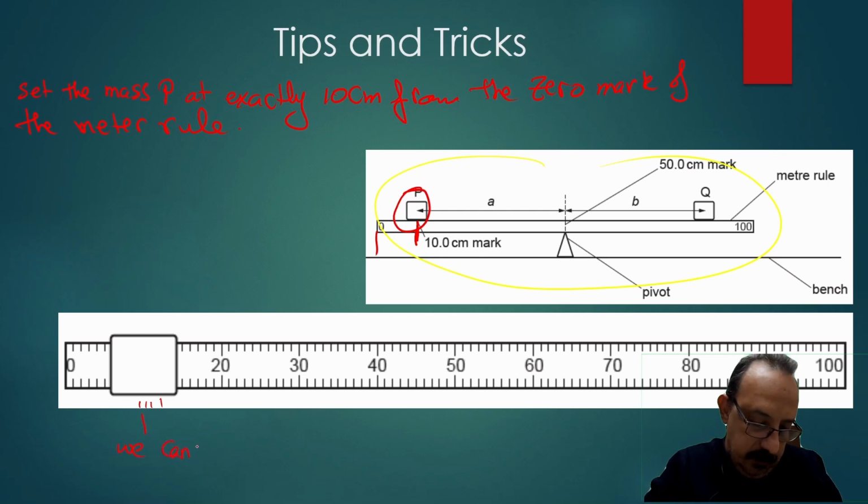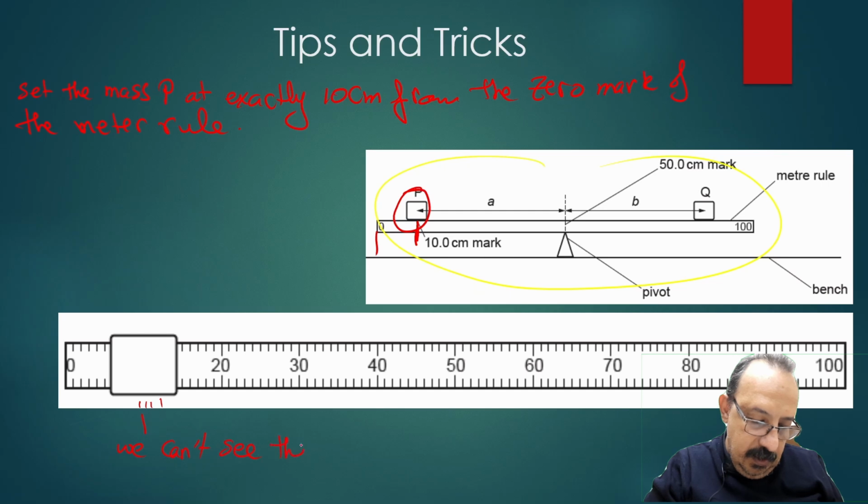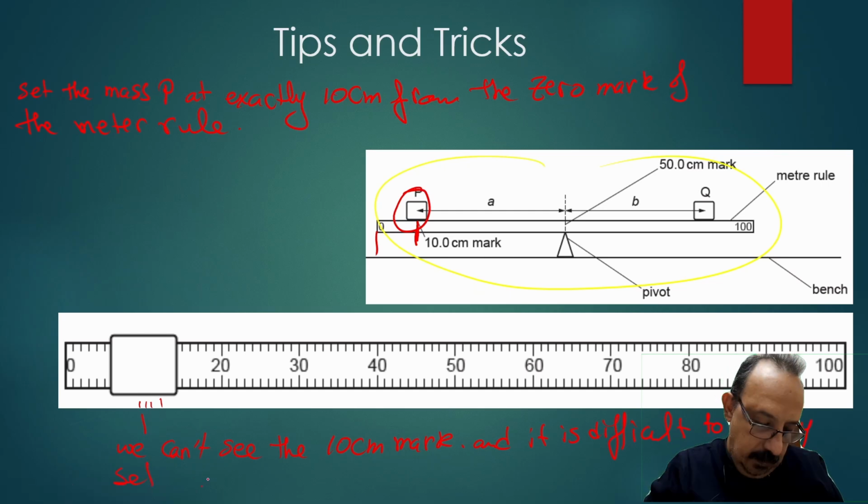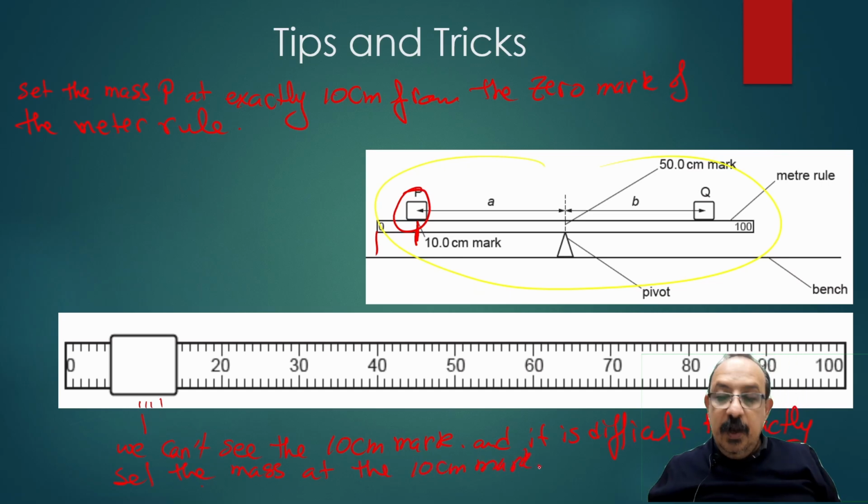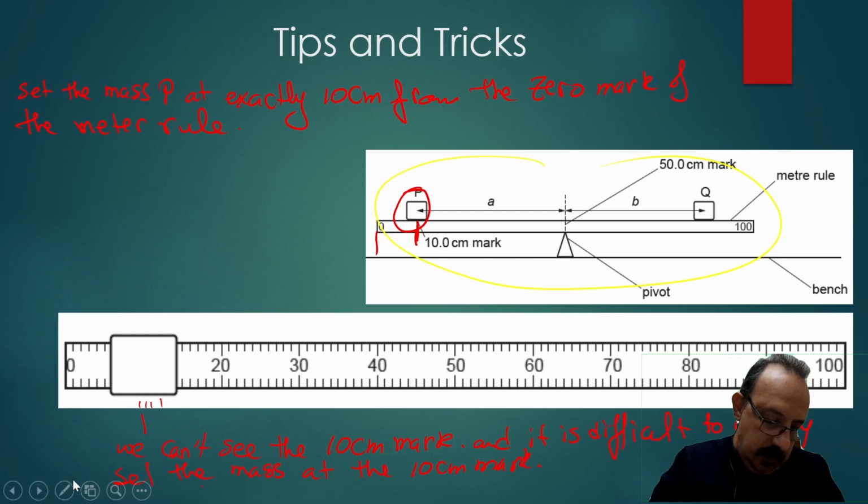We can't see the 10 centimeter mark, and it is difficult to exactly set the mass at the 10 centimeter mark. So how can we do that? How can we answer this question? Okay, this is how you can answer.